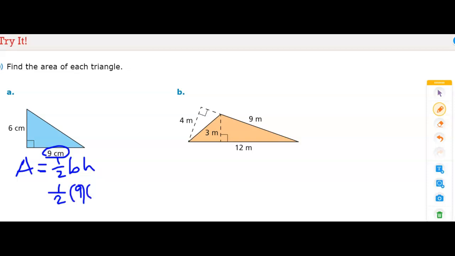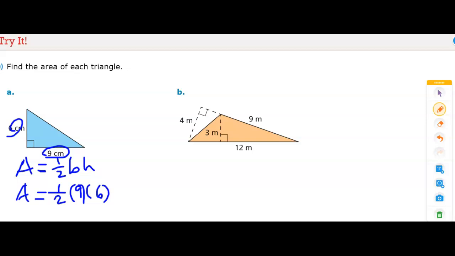And then we have height as 6, so we're going to substitute H for 6. And I drew parentheses around my numbers, just another way to indicate that you are multiplying. So we have 1/2 times 9 times 6.